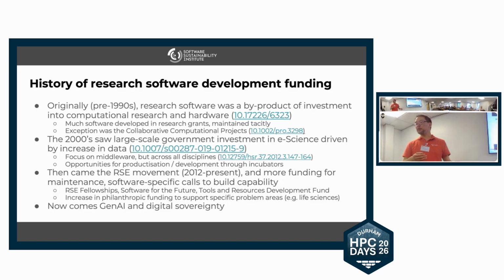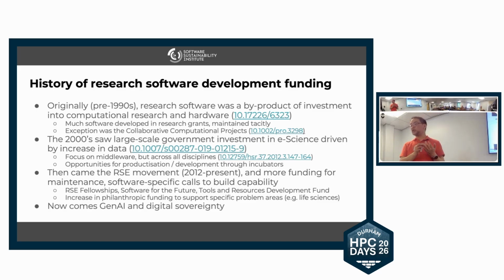And then we had the RSE movement from about 2012 onwards, which really was focusing on understanding how we built up the capability of institutions, universities, research organizations, industry to maintain the code themselves. So there were lots of different calls that started to come out there. There were things like the RSE fellowships from EPSRC and the Software for the Future funding call, which was one of the first of these general software development calls.